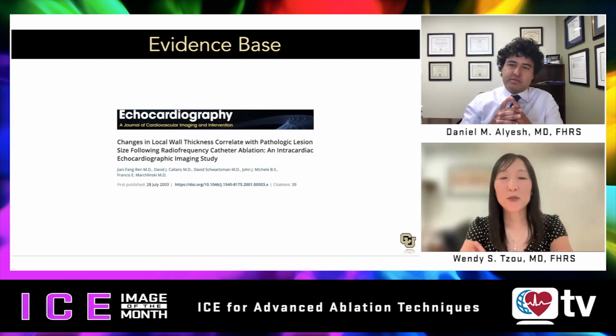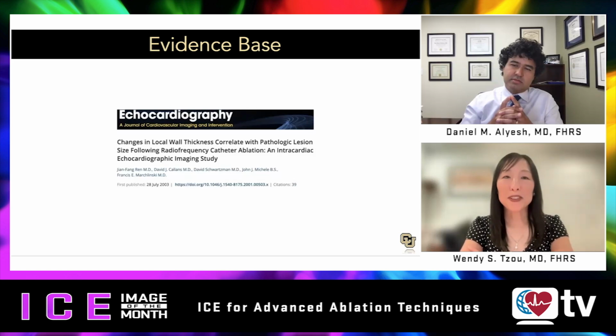Yeah, no, this is one of several papers that have been published that have demonstrated the utility of ICE, not only for confirming where the catheter is located during RF ablation, but also in confirming greater efficacy with lesions that are achieved when using intracardiac echo compared to just fluoroscopy. So it's an important paper.